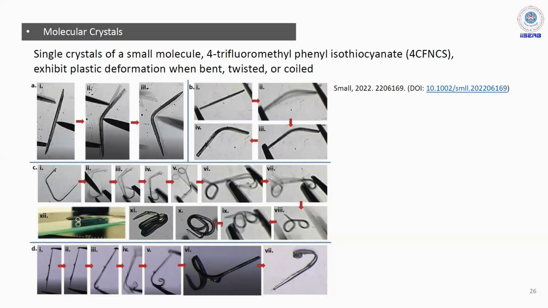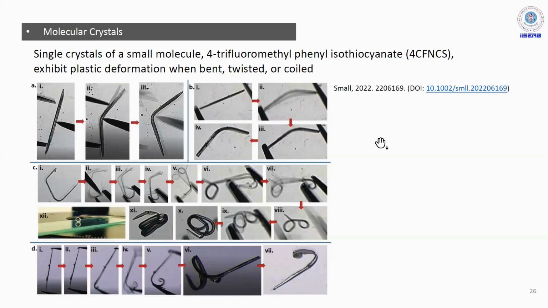For example, we also do science. Being at IISER, the science is quite accessible even in other institutes also, I'm sure. But we also collaborate with other natural science departments. So we started a project with single crystal small molecules, which is known as 4CFNCS.